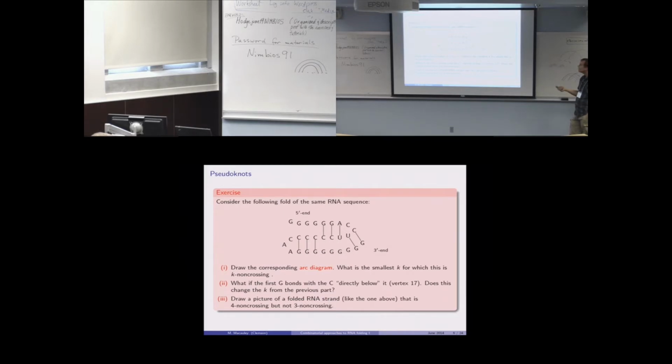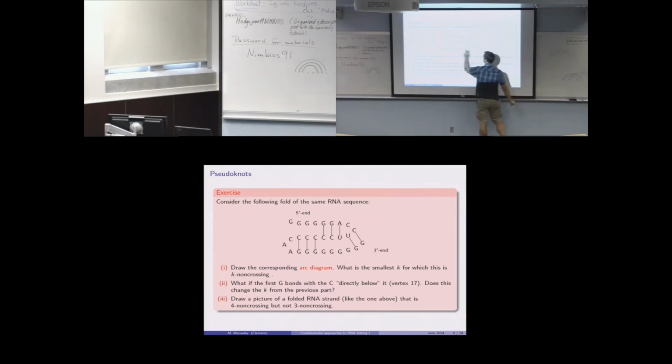Let's just talk our way through this one. I've taken a slightly different one, and let's draw the arc diagram. Now I'm not going to do every single base. I'm just going to roughly sketch what it looks like. So here we start out, and this is going to be a loop. I'm going to have 3 of these things here.